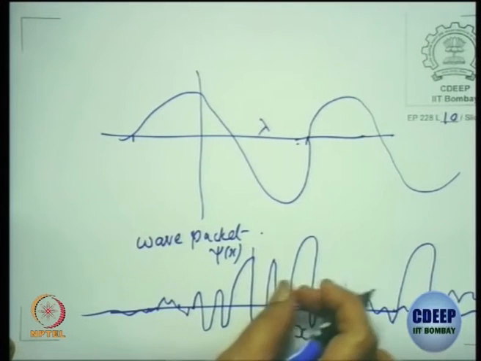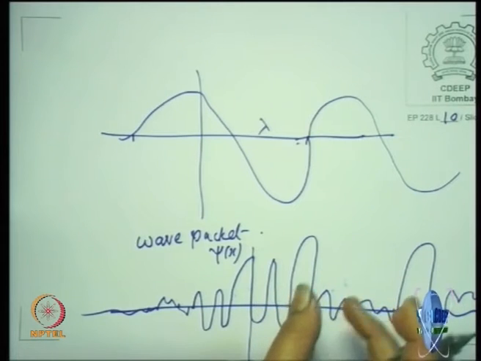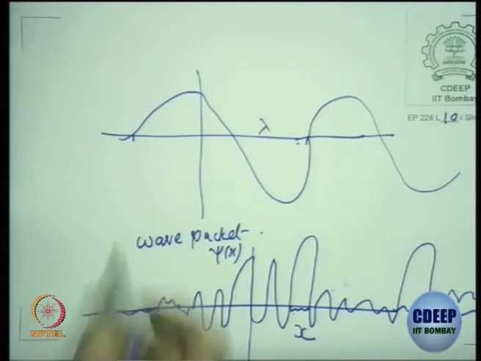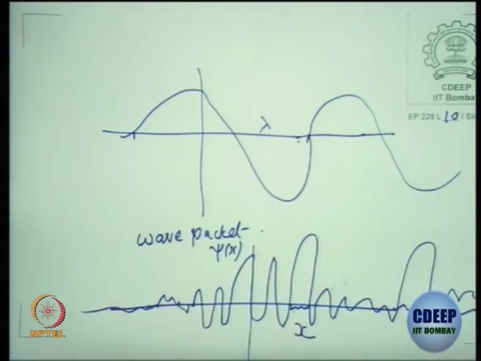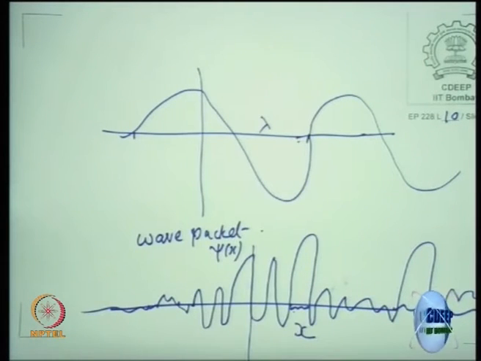So, what does that tell you? The probability of finding the particle is maximum only in a small region, which means you are able to localize. It is not that it can be anywhere because there is a periodicity. The periodicity will go, it will damp down when you take a superposed wave.